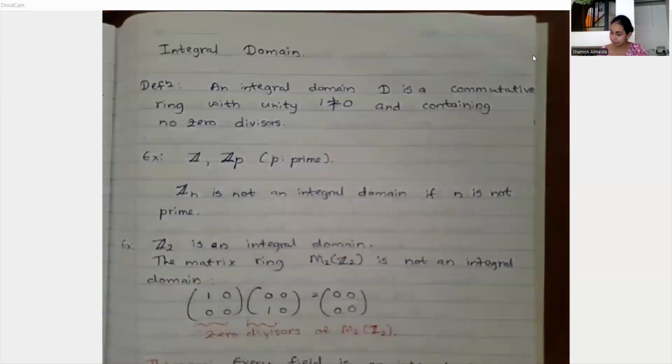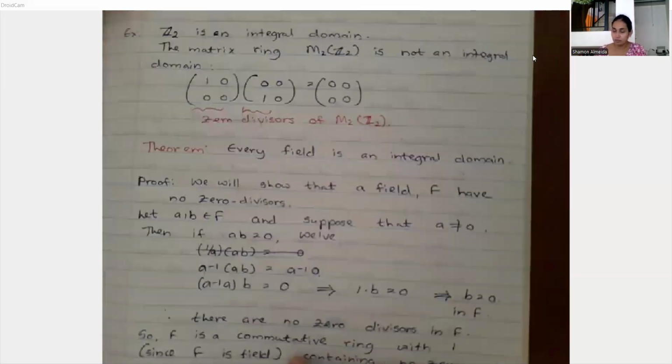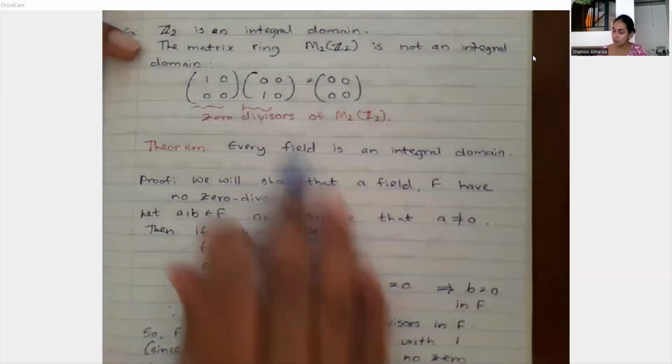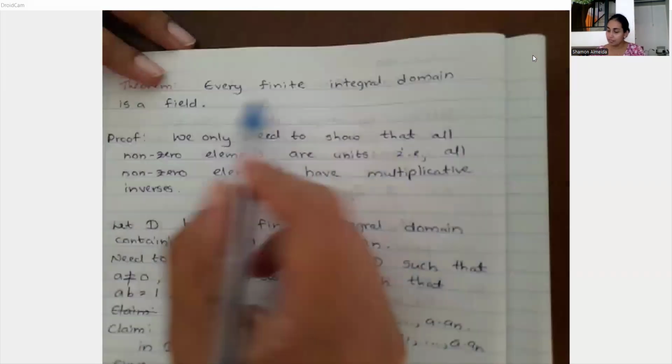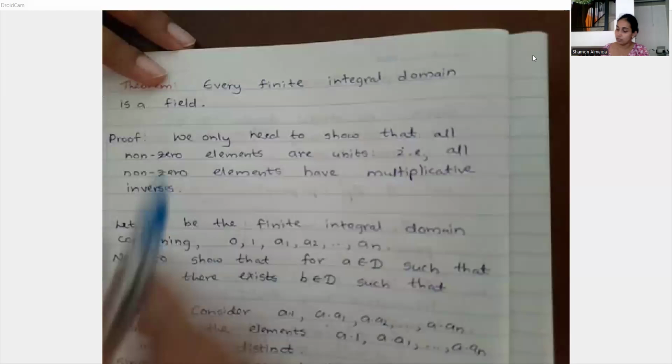Then every field is an integral domain, and we went over the proof. And then every finite integral domain is a field. This is what we proved.